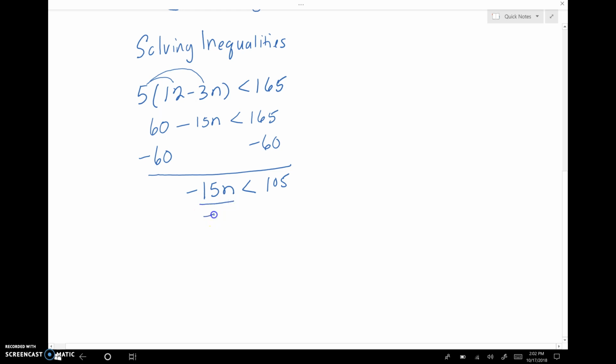We have negative 15n is less than 105, and what we're going to have to do is divide both sides of the inequality by negative 15. Now remember, when you have a negative, remember to switch the inequality.